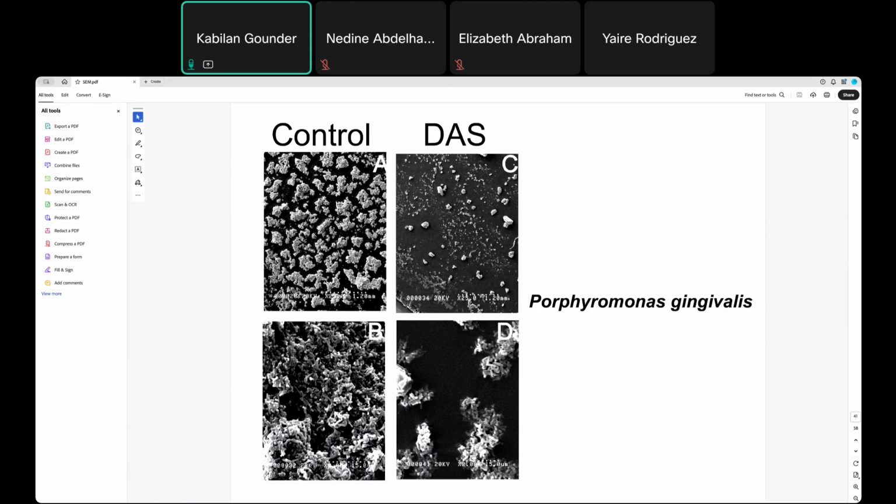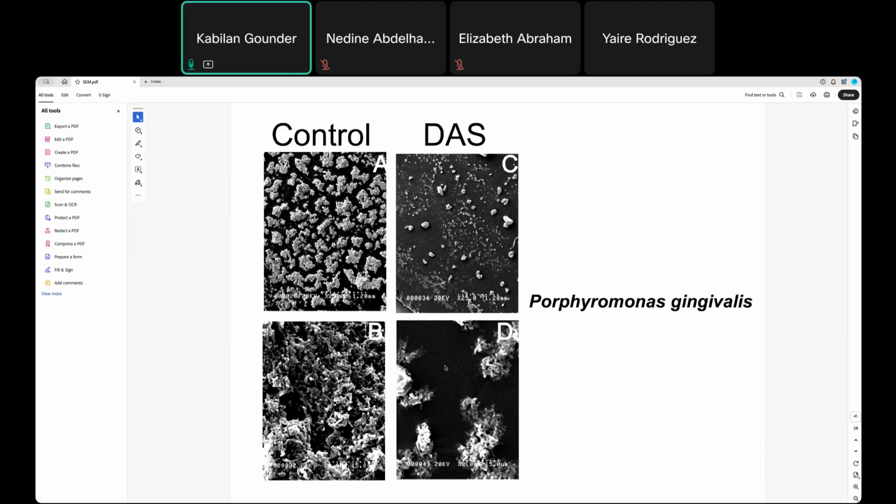When we treated this with diallyl sulfide for 2 hours, it completely removed the biofilm on the surface, and even the leftover shrank. Only the polysaccharides attached on the surface can be seen.